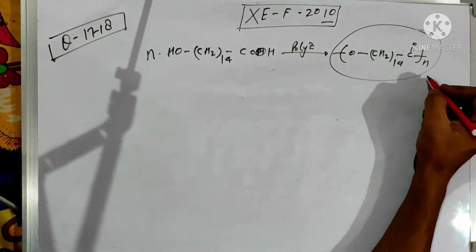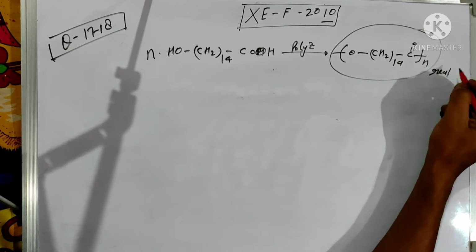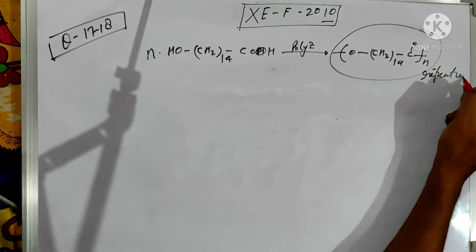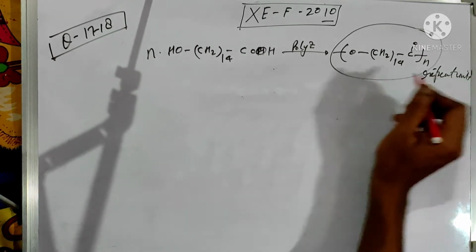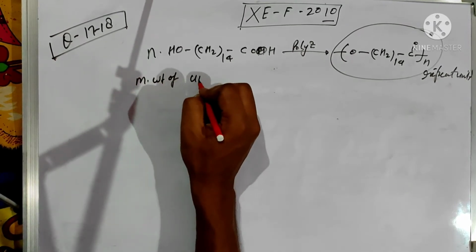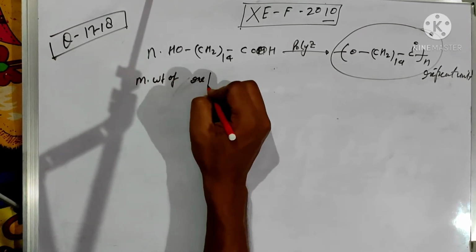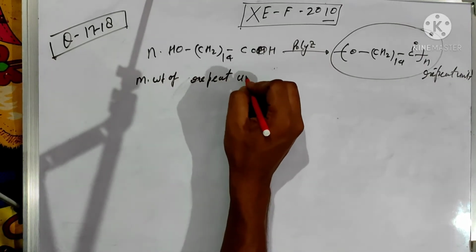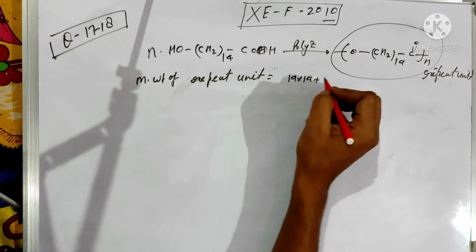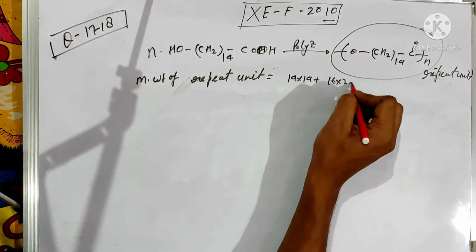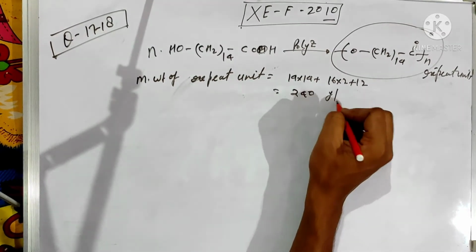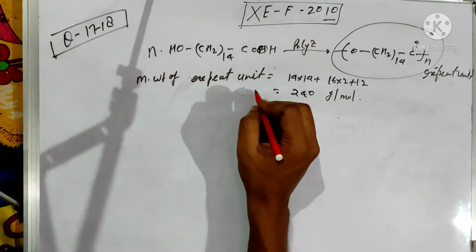This is the repeat unit of the polymer. Then the molecular weight of the repeat unit is equal to 14 times 14 plus 16 times 2 plus 12, which is equal to 240 gram per mole.